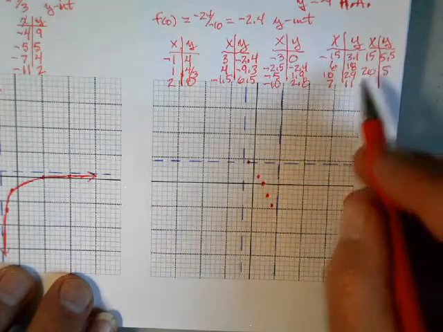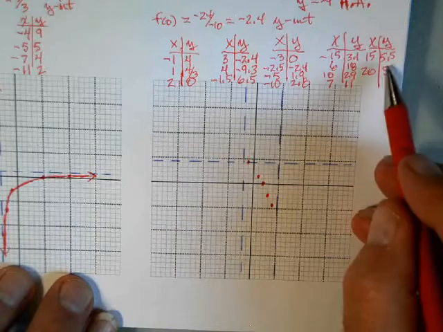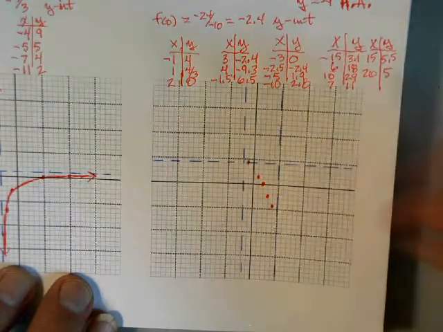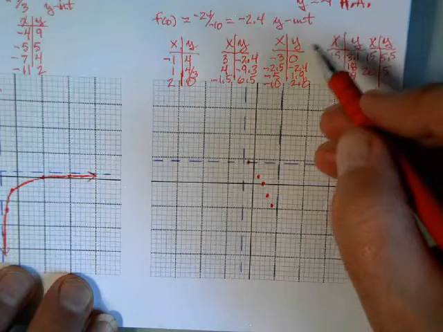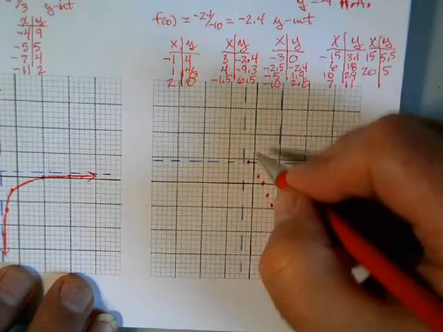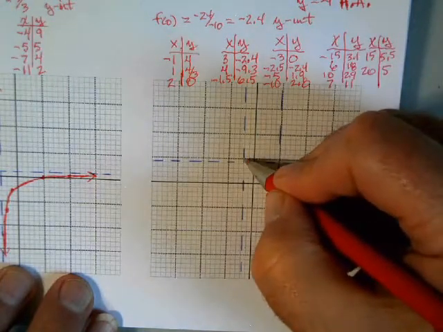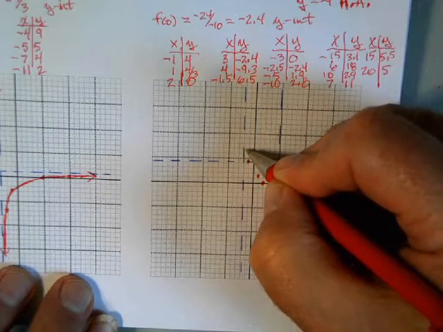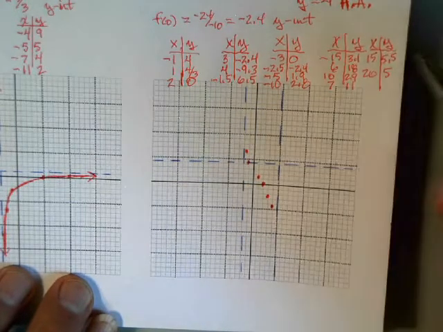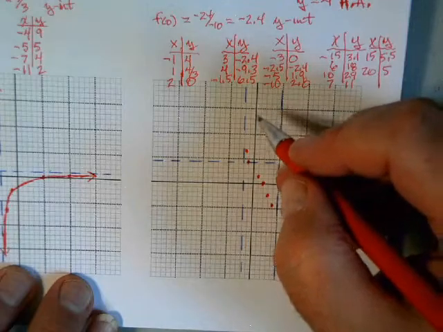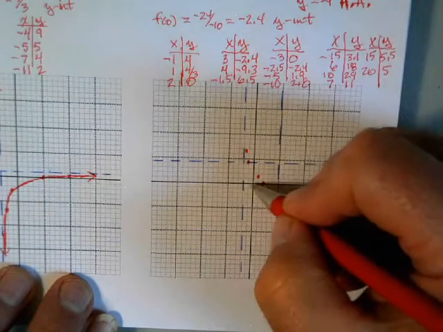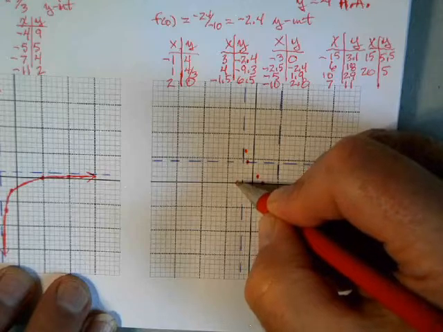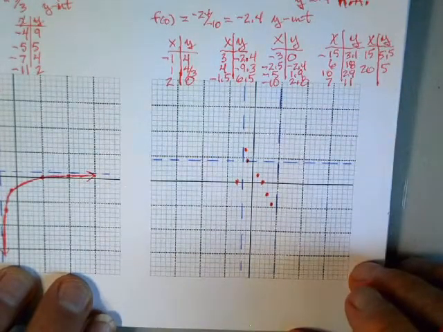Okay, let's see. What else do we got? We got negative 1.5 is 6.5. So 1.5, 6.5 would be 6. That's about right there. Negative 3 is 0. 1, 2, 3. That's there. Negative 2.5 is negative 2.4. So 1, 2.5, 2.4.